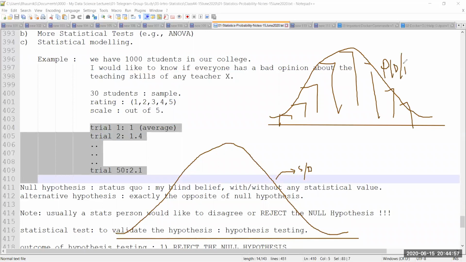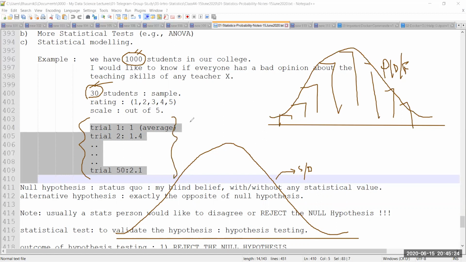So now, statistically, if I have a good sample and I am doing a lot of trials, then it is quite clear that I have a very good randomization of my data out of the population. I know that the population has 1,000 students. I may be able to do a survey with 1,000. This number is really not that big, but I've taken a sample of 30, and then I've done at least 50 trials.